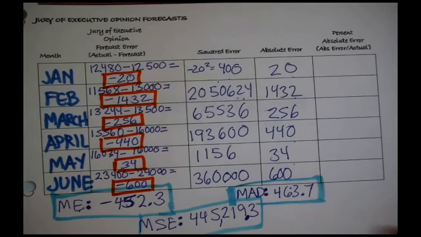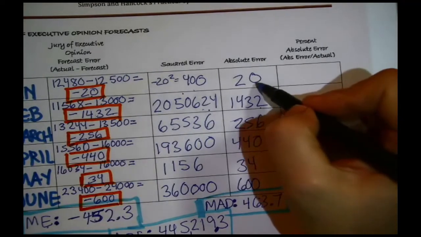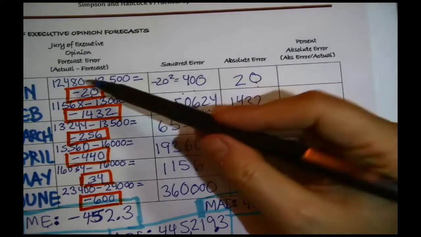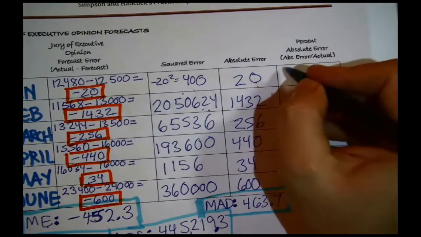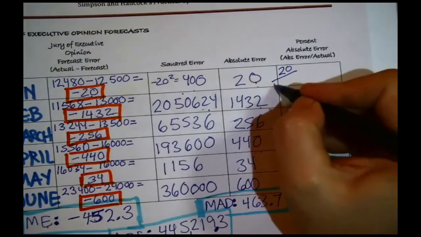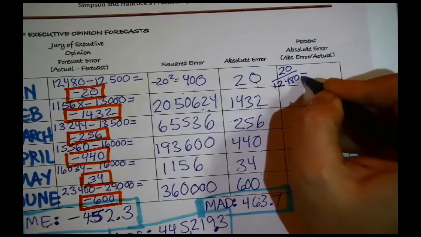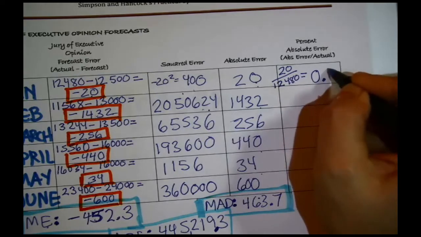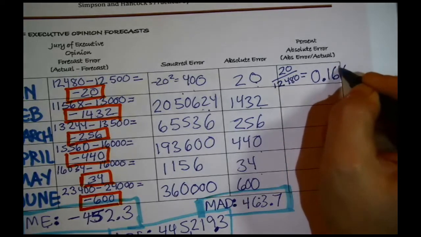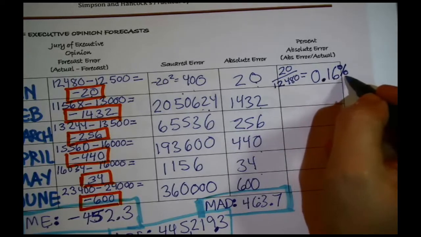And then finally, absolute percent error, where we take the absolute error and we divide by the actual. So the absolute error is 20. The actual, you have to go back over here, was 12,480 transports. For an absolute percent error, not mean yet, it's pretty small, 0.16%, just a tiny little fraction of a percent.